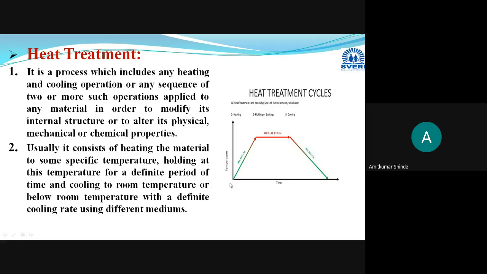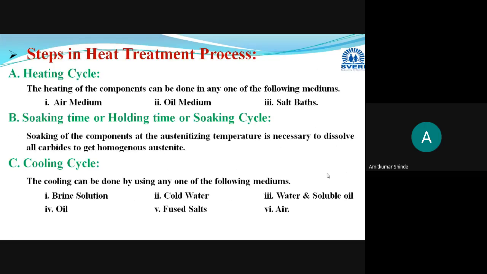First is heating up to the required temperature, then holding for a definite period of time to get a homogeneous structure and uniform temperature throughout the component, and after that it is cooled to room temperature or below. Now to perform this cooling, different mediums can be used, such as brine solution and cold water.